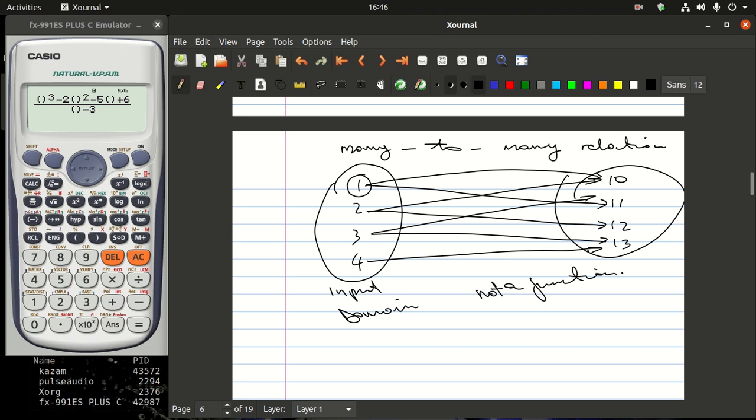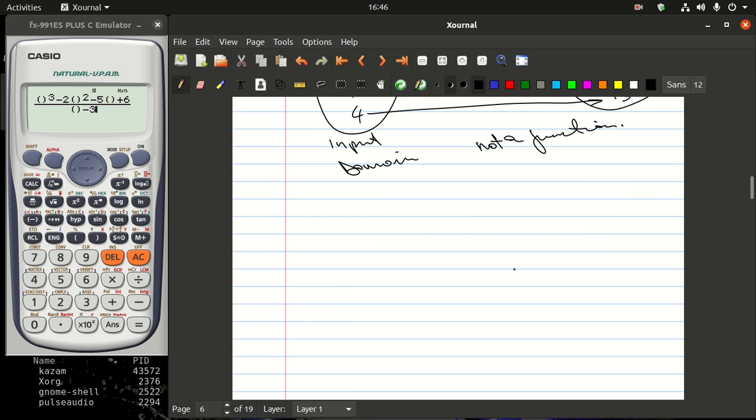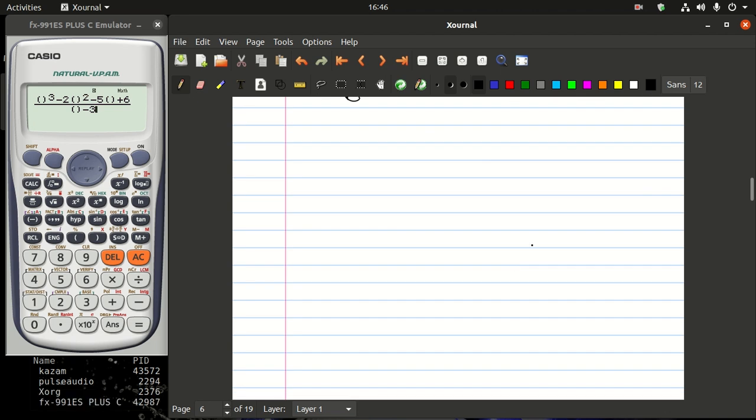So now, how do we know what a domain is? A domain of a function is the set of all input values that can be plugged into f, or the set of all values x such that the function f is defined. That's the definition of a domain.